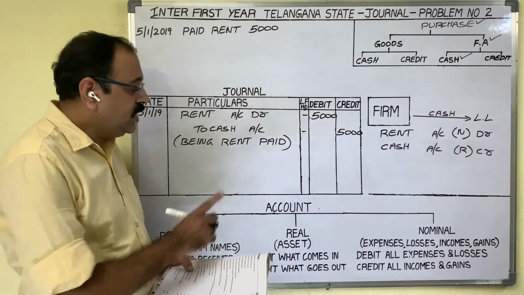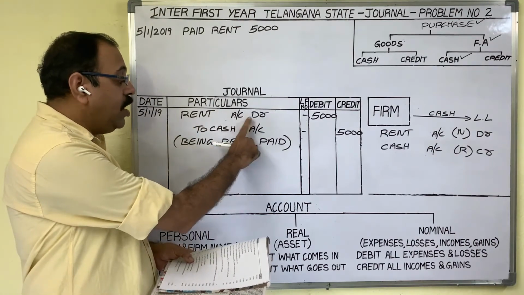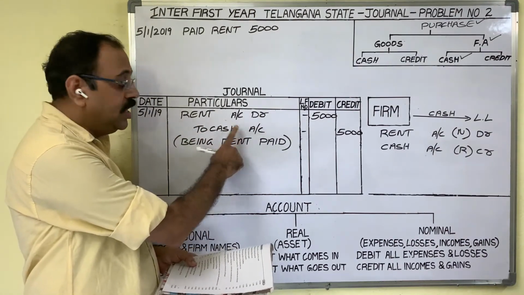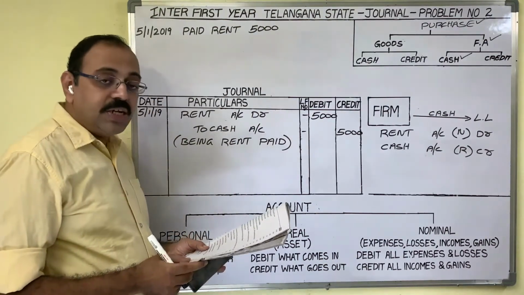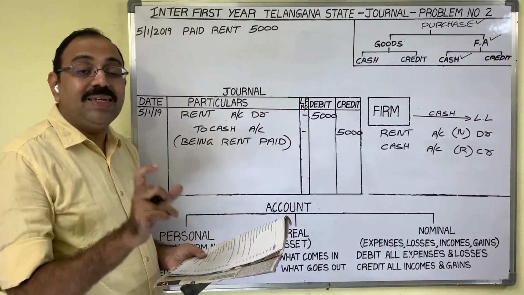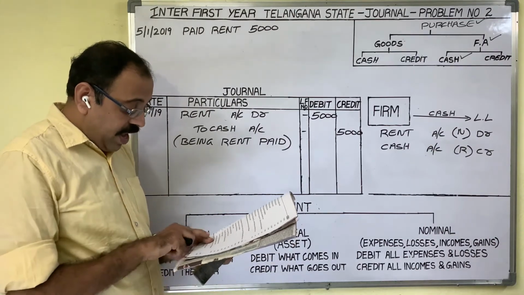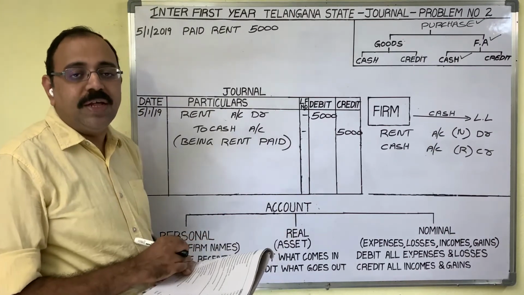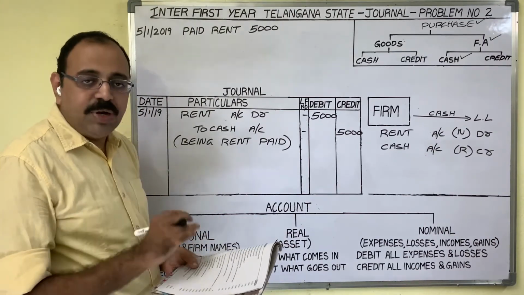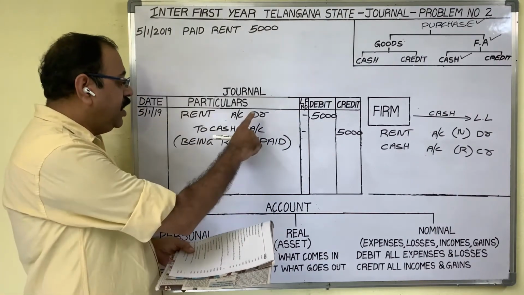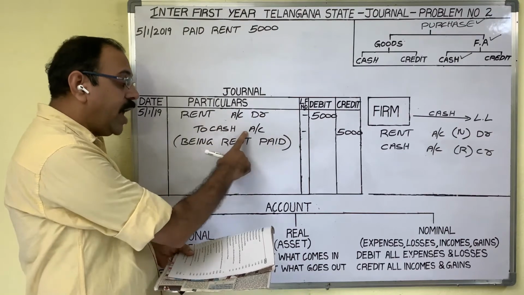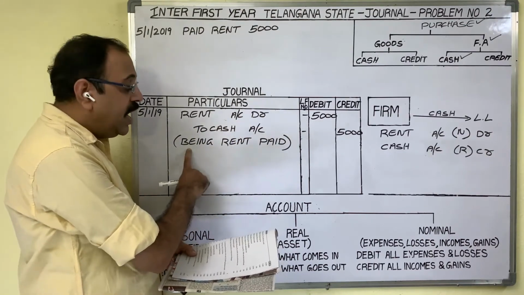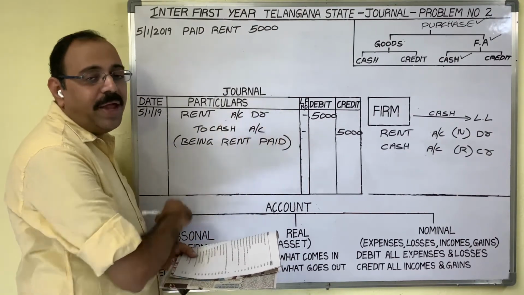Then the entry is wages account debtor to cash account, being wages paid. Then the 25th transaction is also the same, an expenditure related transaction. Advertisement expenses paid. Expenditure name is advertisement expenditure now. Entry is advertisement expenditure account debtor to cash account, being advertisement expenses are paid.